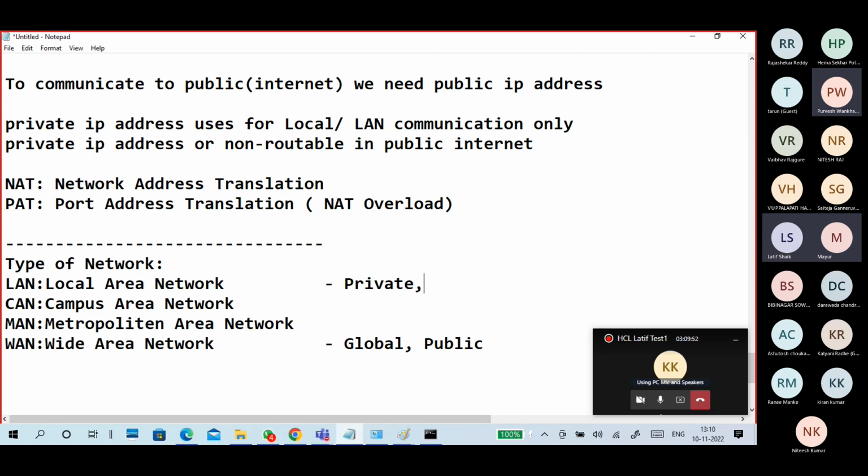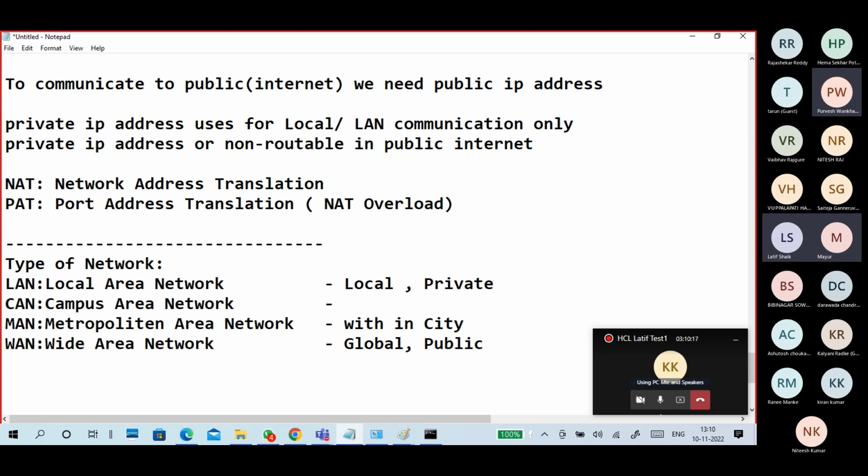Your internal network is purely private, very limited in size. So it is a local network, a private network. Of course, this is a public network, but within a city range only.